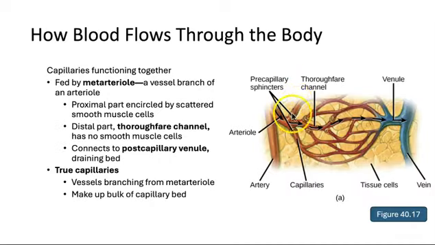All right, now let's talk about the capillaries and those precapillary sphincters. Now, when we have a true capillary, we are going to allow that blood to move through the artery into the arteriole and reach the full scale of our capillary.